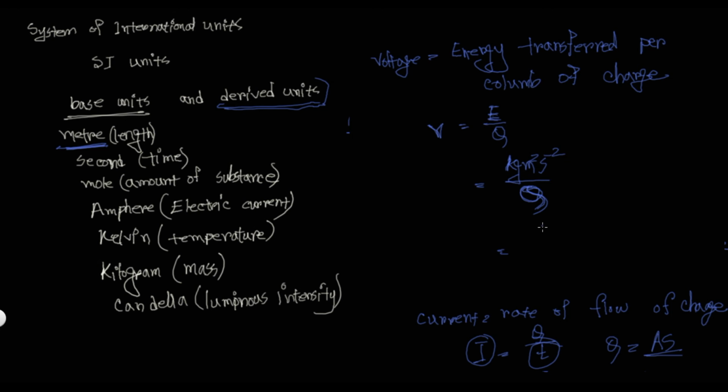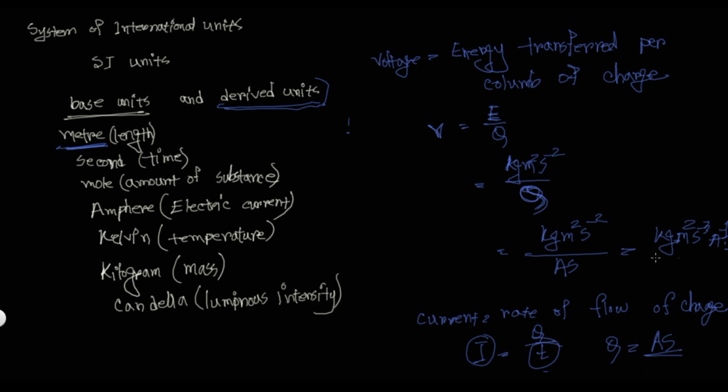So kg meter squared per second squared divided by ampere second can be written as kg meter squared per second cubed per ampere.